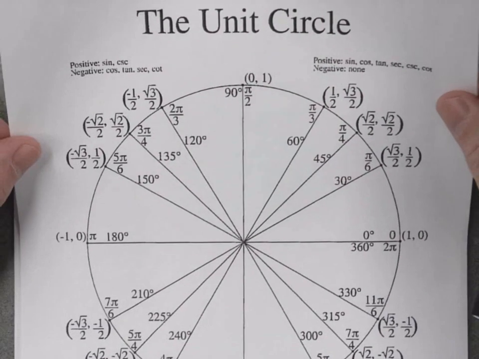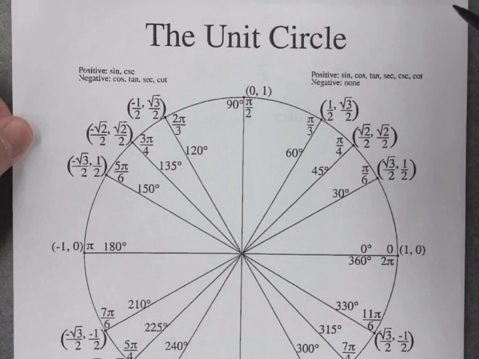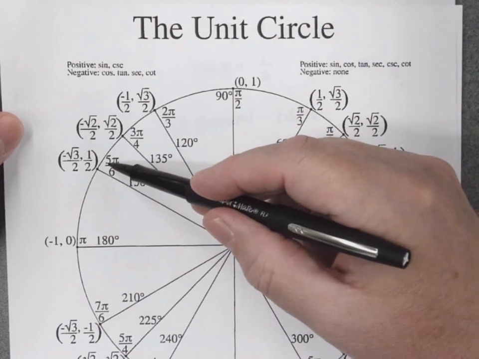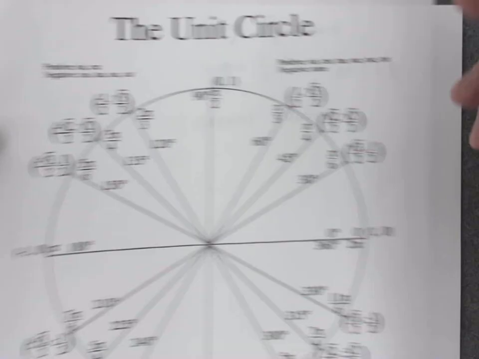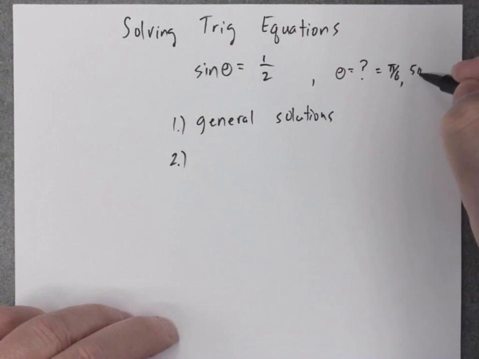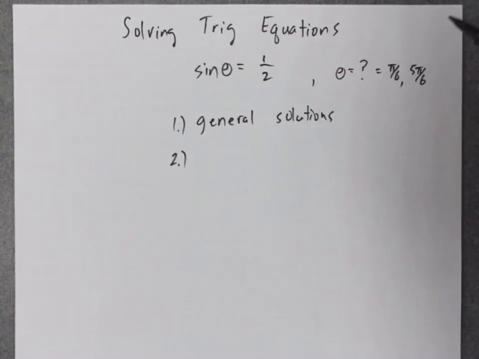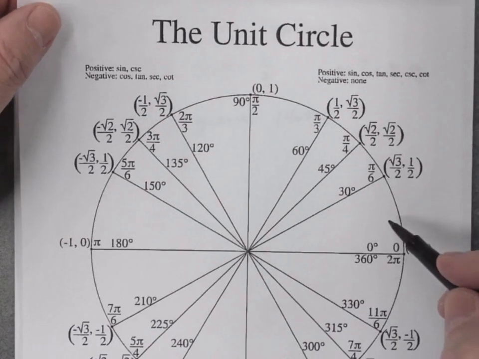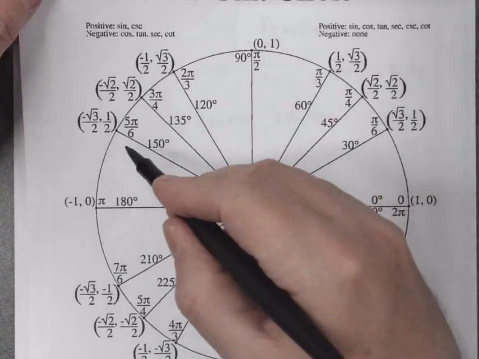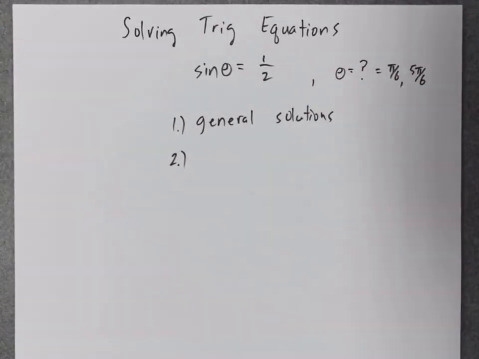But that's not the only angle that would solve this equation. How about if I go over here to 5 pi over 6? What is the sine of 5 pi over 6? It's also 1/2. So as of now, if I just take one quick trip around the unit circle, there are actually two angles that are solutions to this equation.